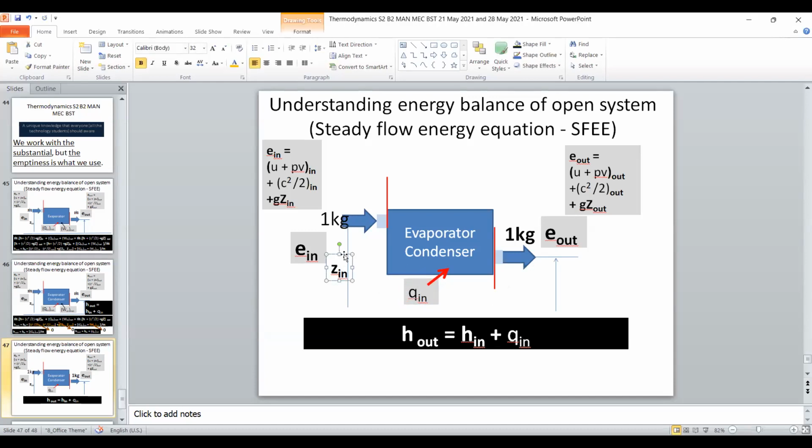Z in is a doubt. See now, if you read this the same way, you have Z in and Z out, C in and all, but finally this is simplified. Very nice.